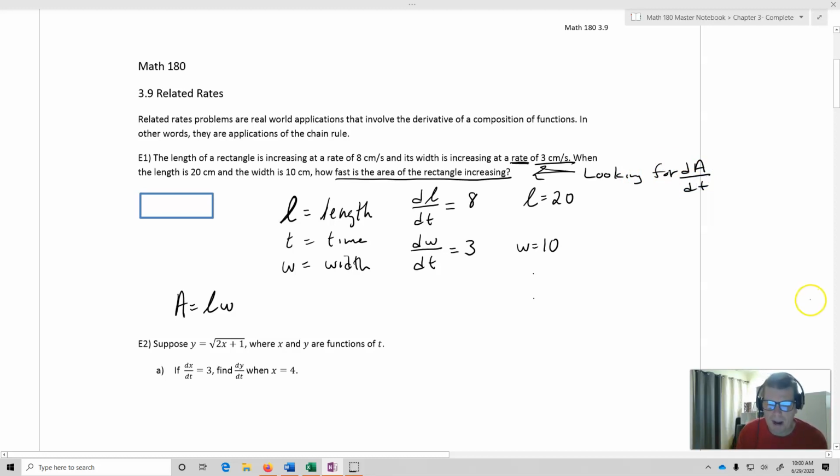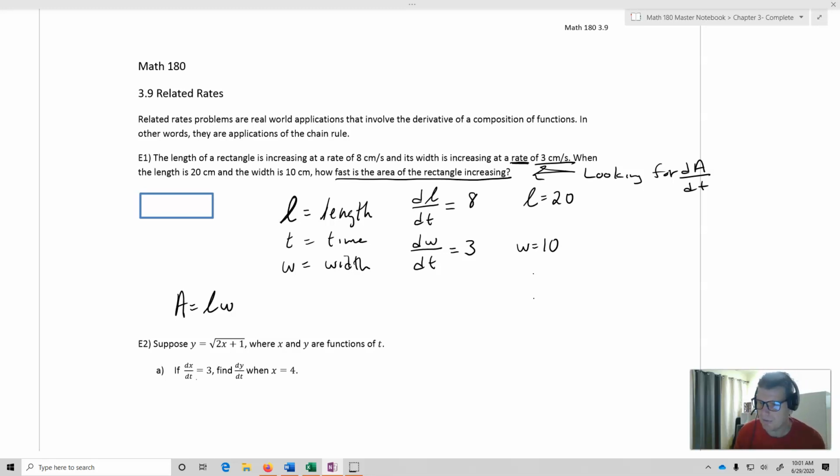Well, how do I find dA/dt if I've got L and W? Where's t? Well, that's totally fine. What we do know is that we can imagine the length as being a function of time, and we can imagine W as being a function of time.